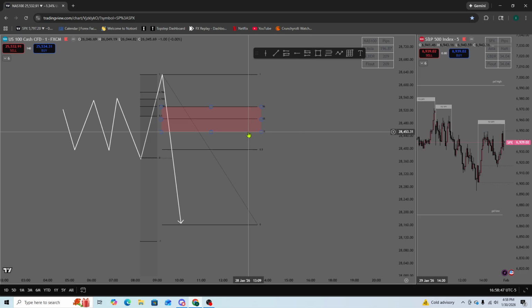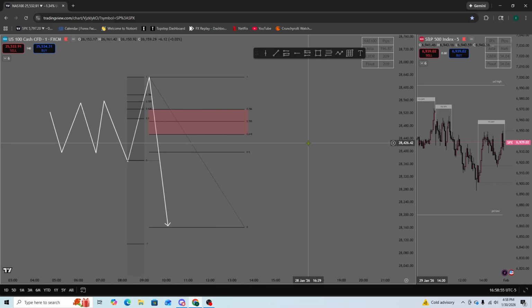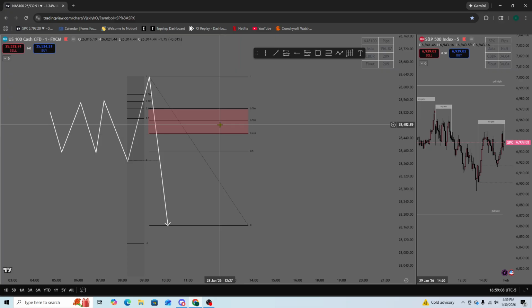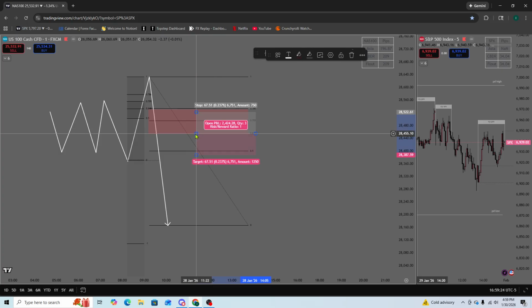Now, me personally, I like to set my limit orders at 0.618, because I've proven to myself over backtesting, forward testing, real time data, all that, that's the best entry point because you always get in the trade. Like let's say if you only wanted to enter off 0.705, there would be times where it just hits 0.618 and then goes to your targets without ever tapping 0.705. But it always taps 0.618. So that's why I always enter at 0.618.